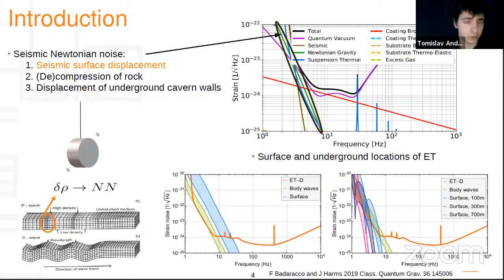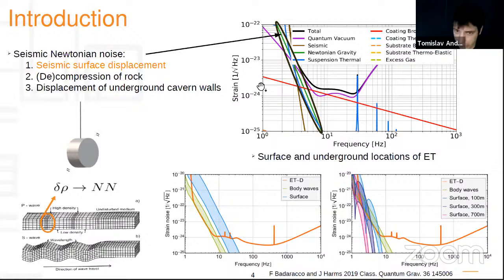Just a brief introduction. As you know, seismic Newtonian noise has 3 contributions. The most prominent one is from seismic surface displacement, and that was the contribution that we took into account in our simulations. Then there are 2 less prominent contributions, from compression and decompression of rock and displacement of underground cavern walls. As you can see in this plot on the right, seismic Newtonian noise is a big limitation at low frequencies.